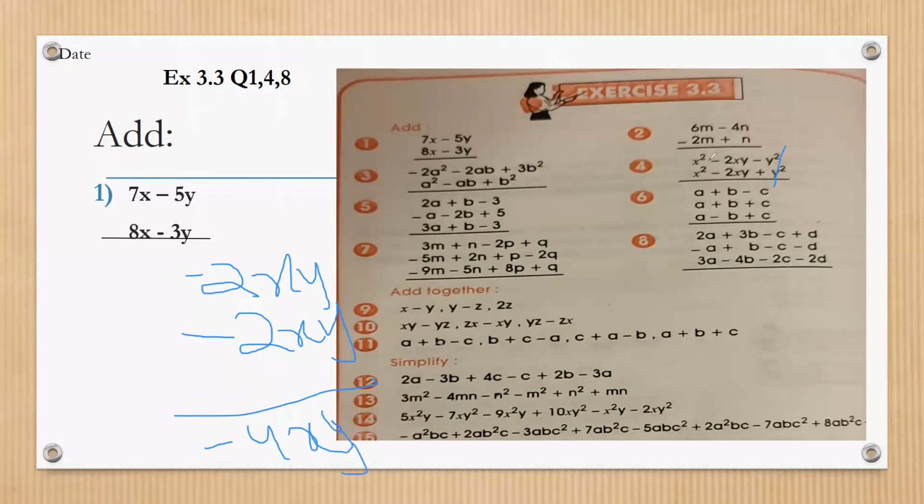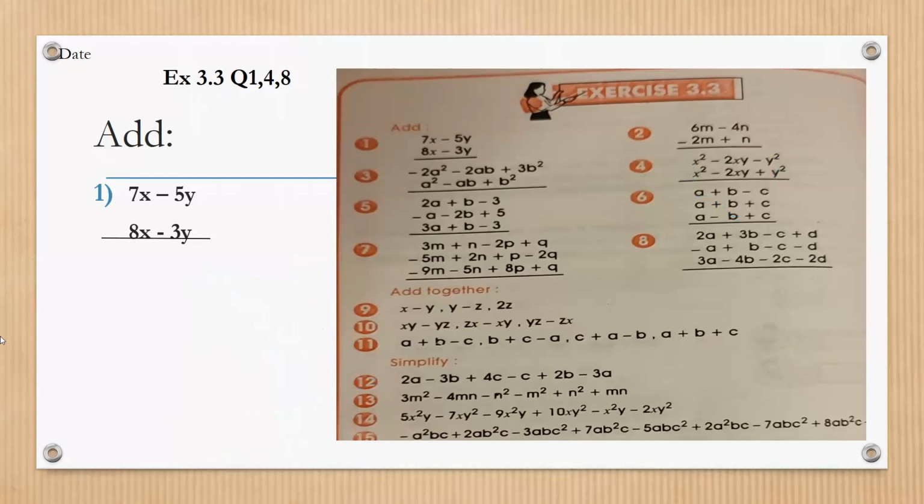-4xy. Very good, Hamza. So here we get -4xy, and 1x square and 1x square give me the answer 2x square. Very good. 2x square and -4xy. We get the answer here.